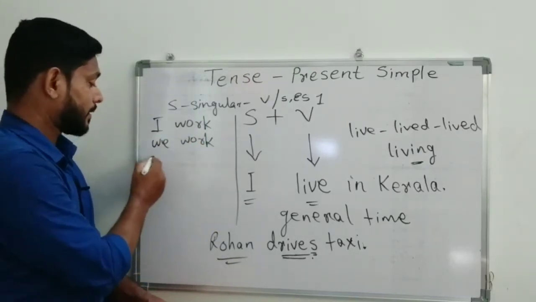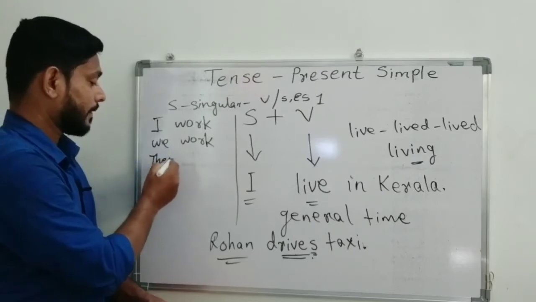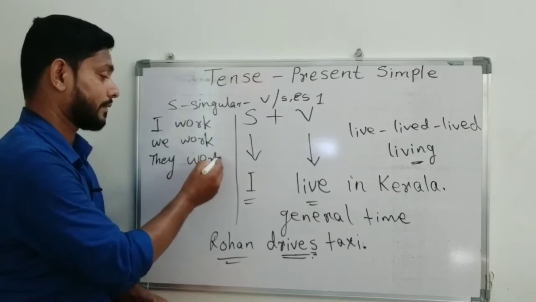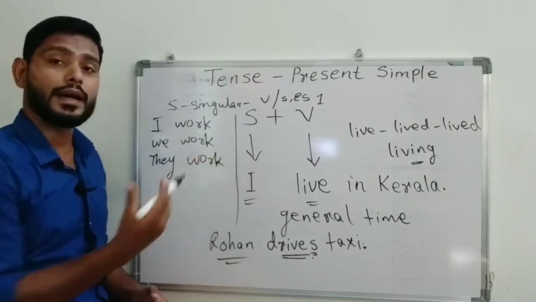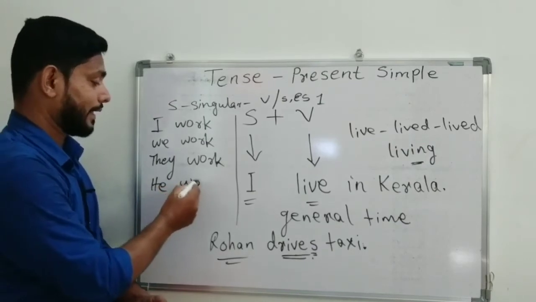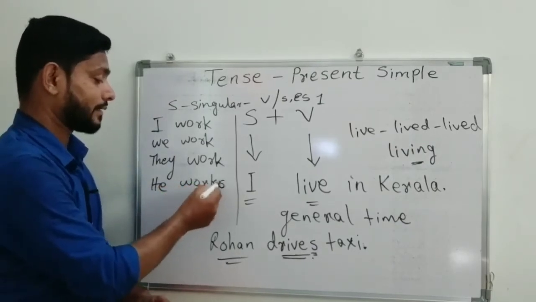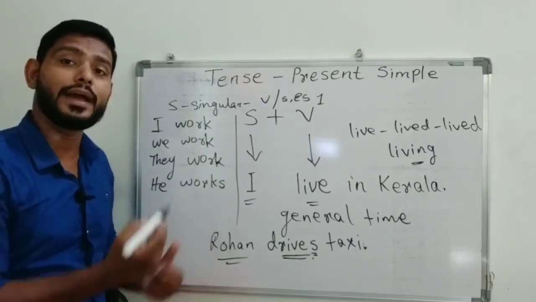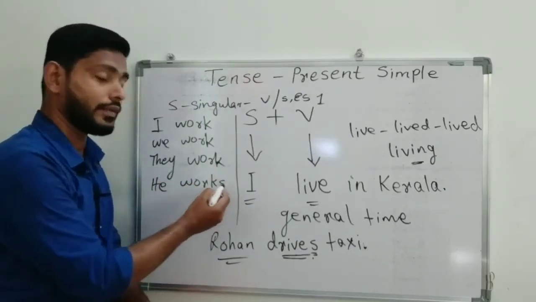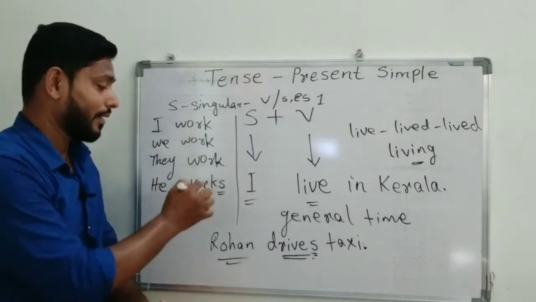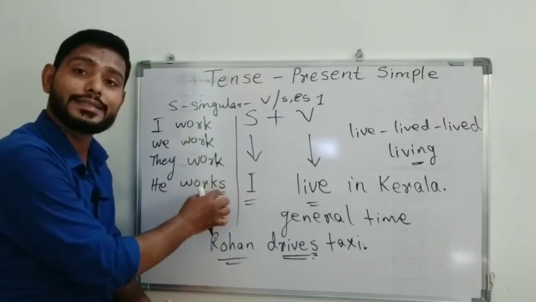Okay, and they is also plural, so we use work. And what are the other subjects normally? He, yes, he is singular, that's why we have to make the verb singular by adding s at the end of the verb. A verb becomes singular only when we add s at the end of the verb.